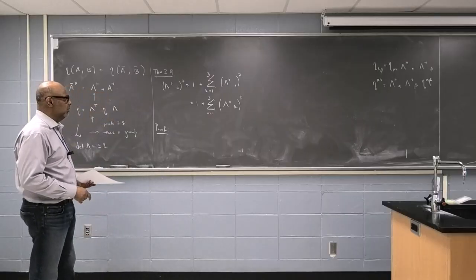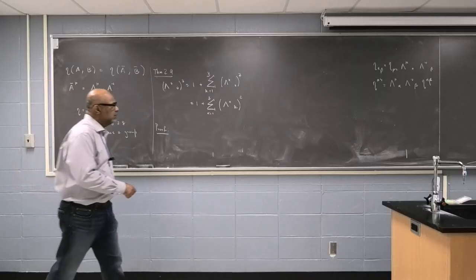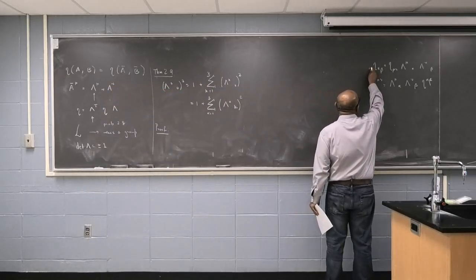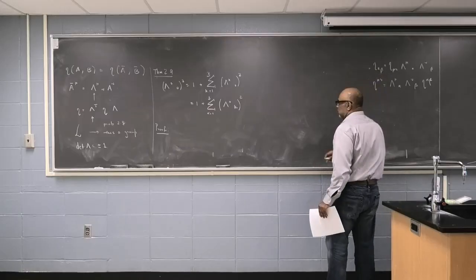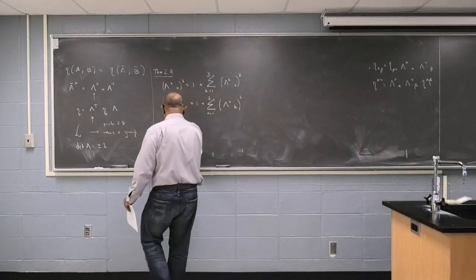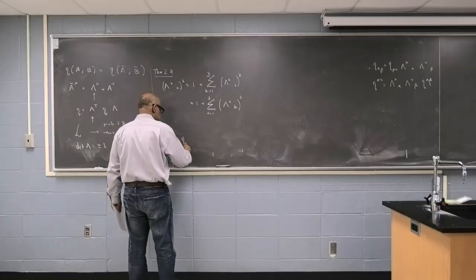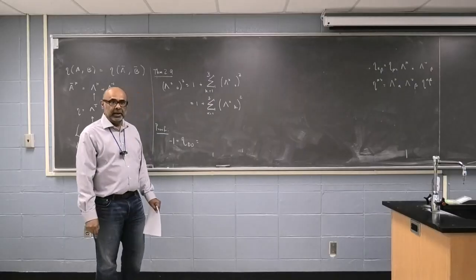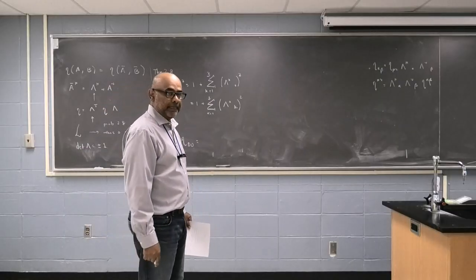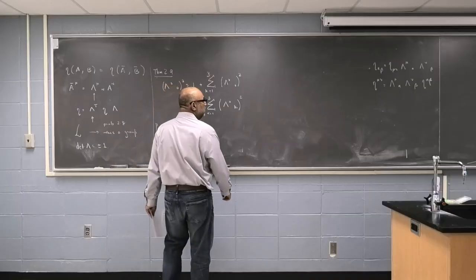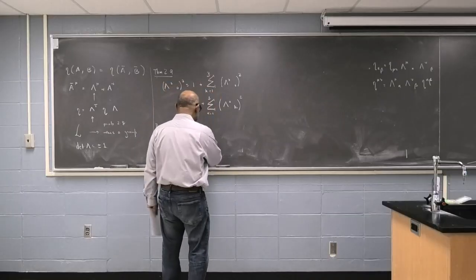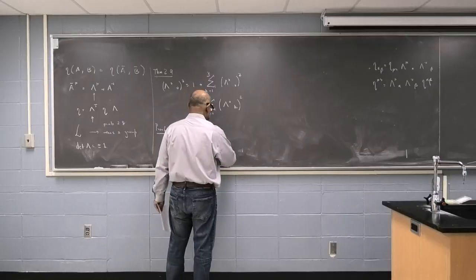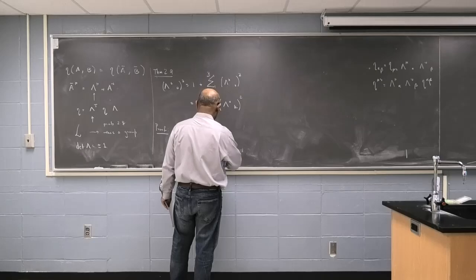But there's a reason. So what I'm going to do is take this equation and replace alpha and beta with 0 and 0. So I have negative 1 equals lambda mu 0, lambda nu 0, eta mu nu, because the 0 0 element of eta is negative 1.